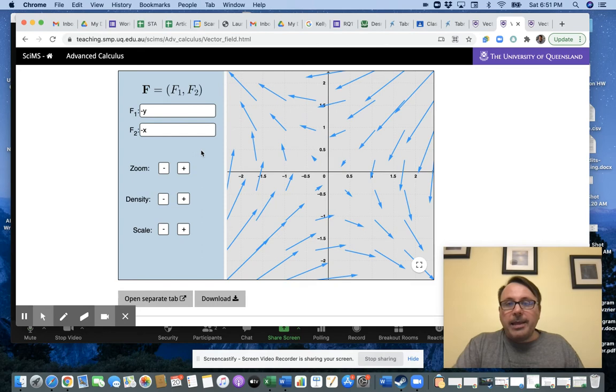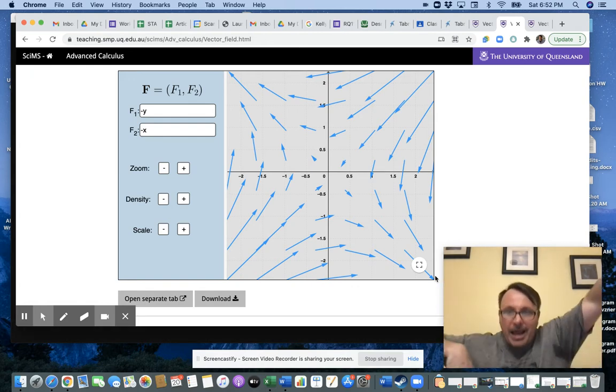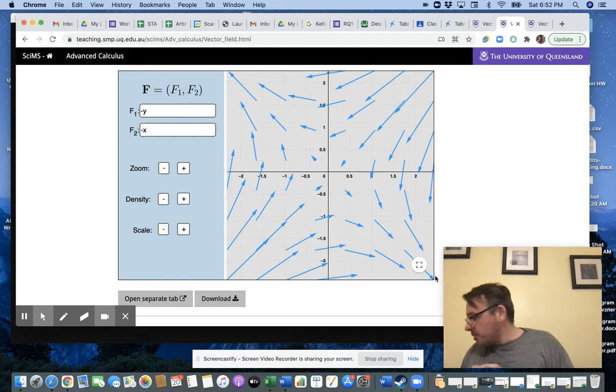There we go. And so that's the force field we're looking at here. You'll notice it generally pushes you in this direction in the first quadrant, in this direction in the second quadrant, that direction in the third quadrant. So it sort of pushes things in and out, right?